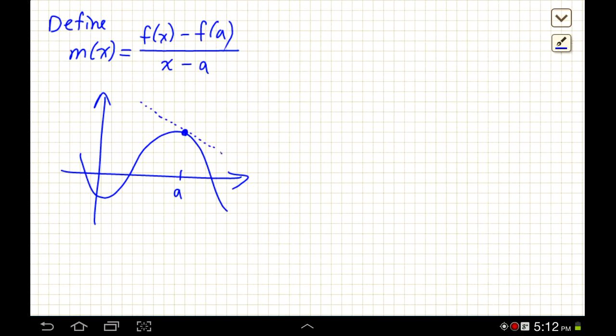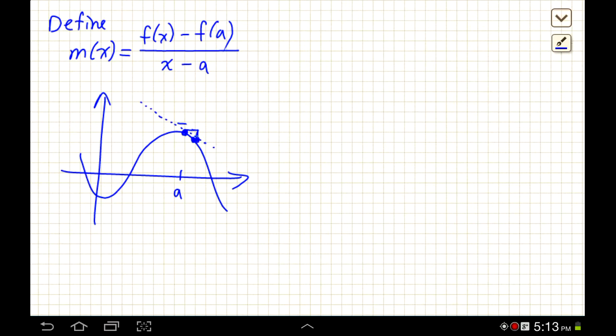Borrowing the idea that we had in the past, we can pick any other point that's close to A, let's say this point here, and we obtain the slope value across those 2 points.